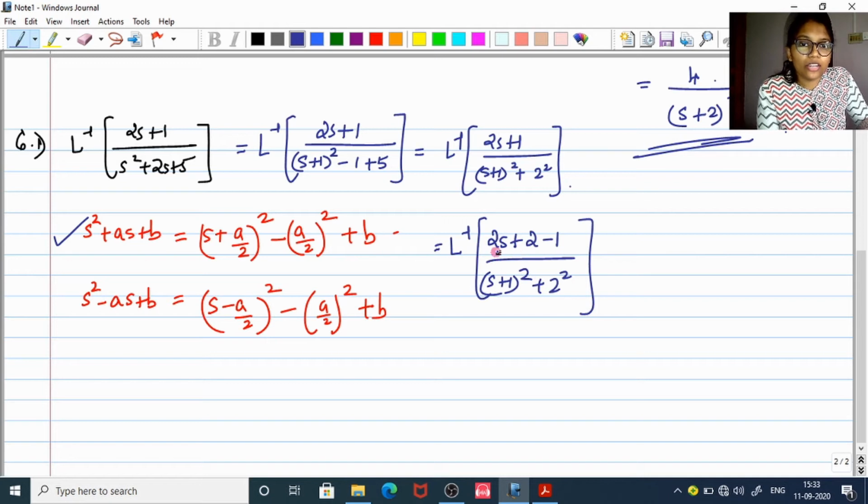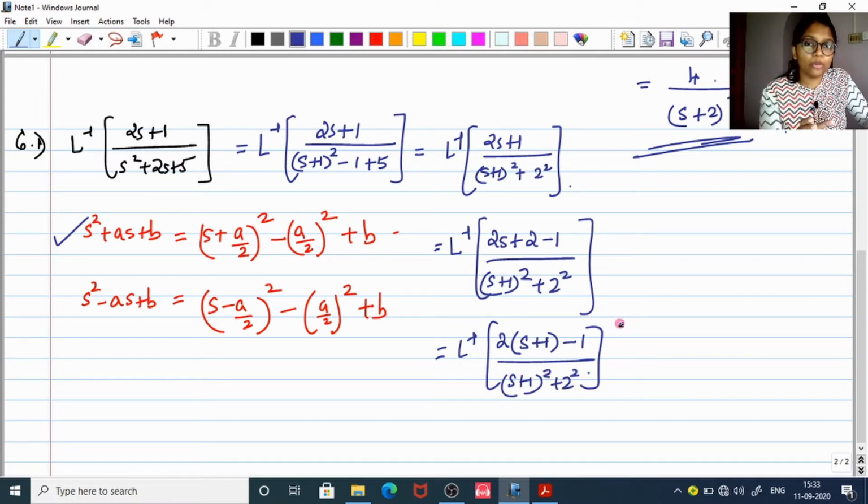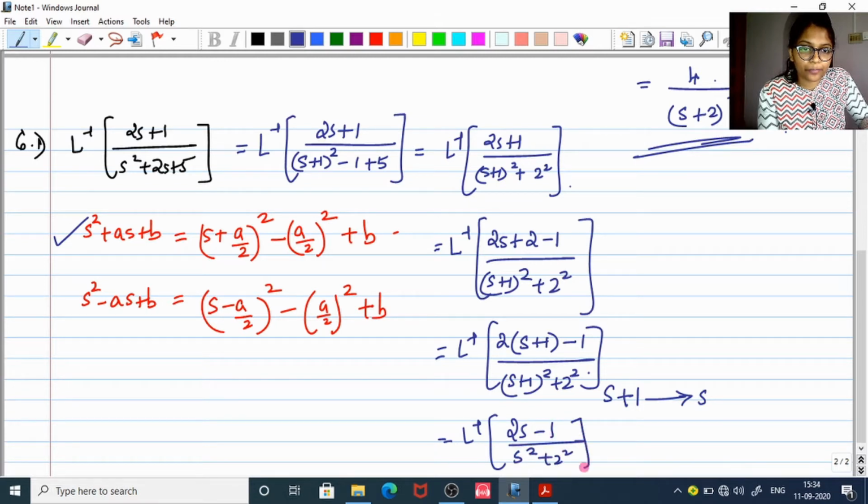Because here you can see that 2 can be taken outside, so inside we will have s plus 1. Thus we have a group there: s plus 1, minus 1, divided by s plus 1 whole square plus 2 square. Now that you have got the group in both numerator and denominator, replace this s plus 1 with a small letter s. So what happens is L inverse of 2s minus 1 by s square plus 2 square.